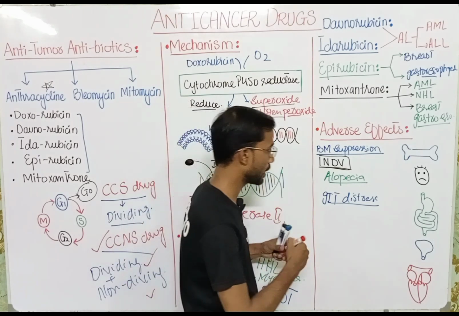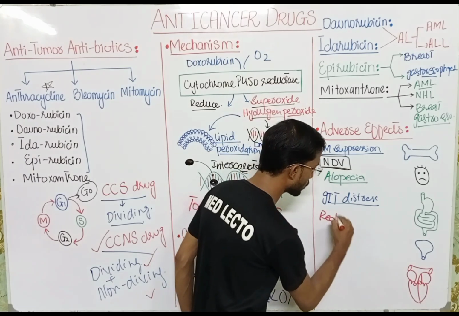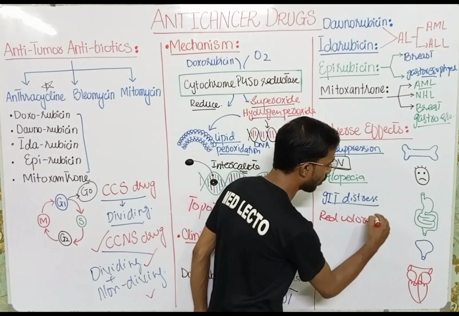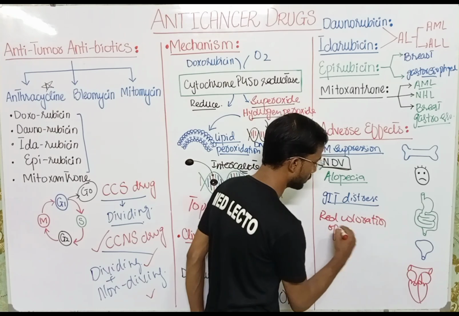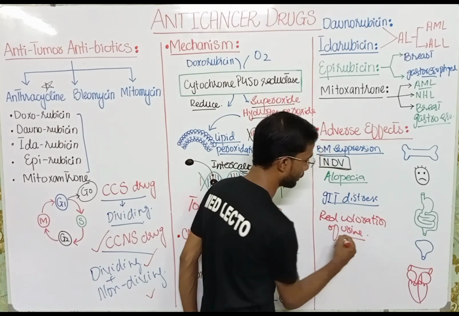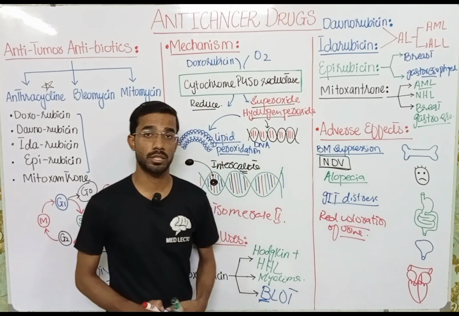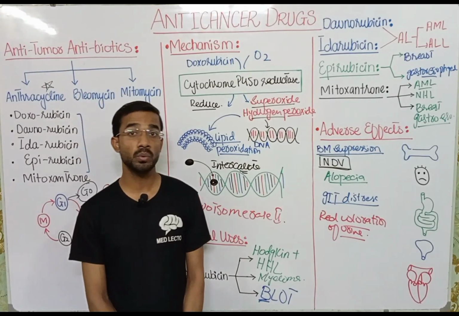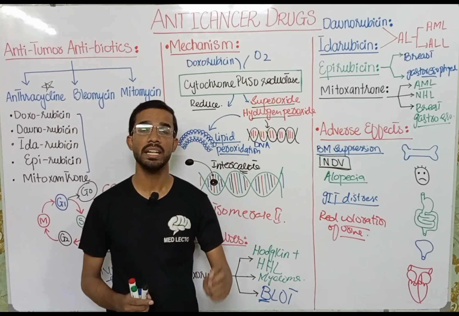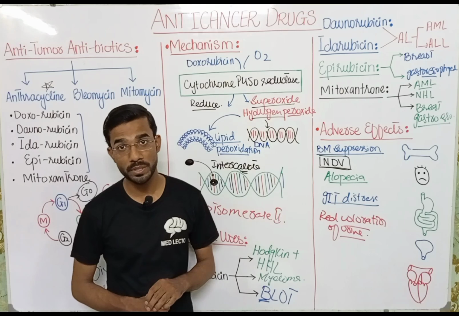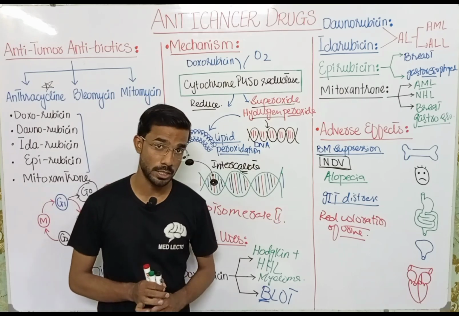So this is another important thing, red coloration of urine. Okay. And last, most important, when you use specifically again daunorubicin and doxorubicin, cardiotoxicity.